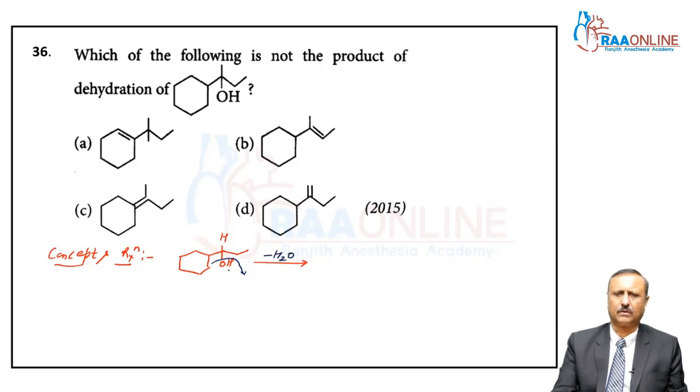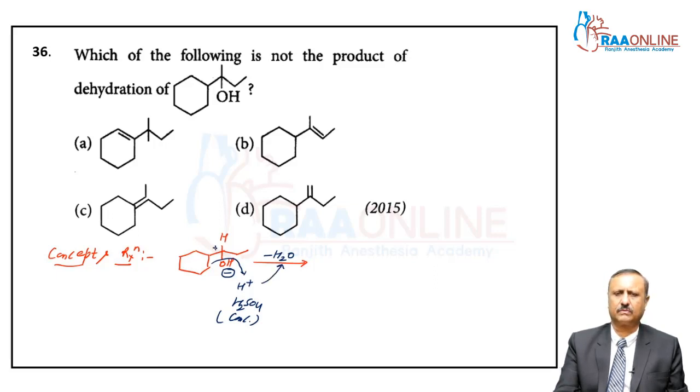Here OH is removed as a hydroxide ion, and it reacts with H plus ions from the acid H2SO4, which you can use for dehydration. So this H plus and OH minus ions form this water molecule.